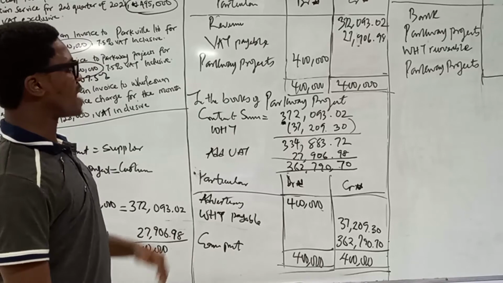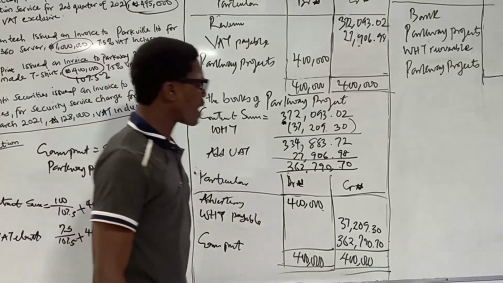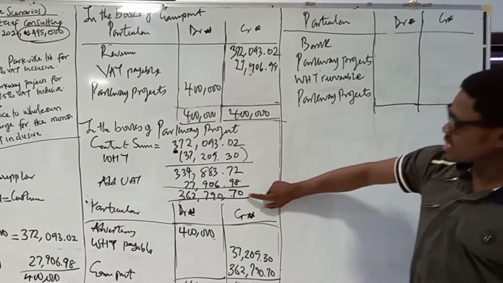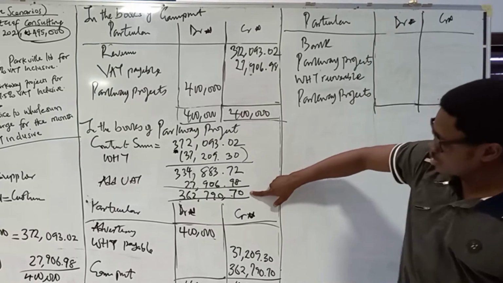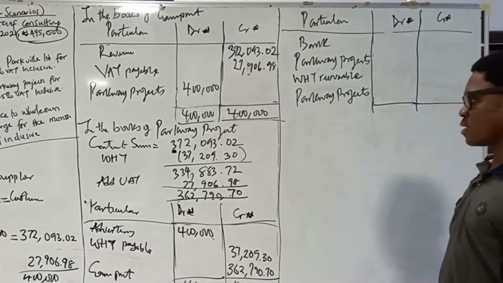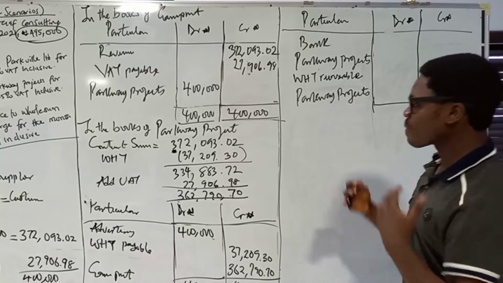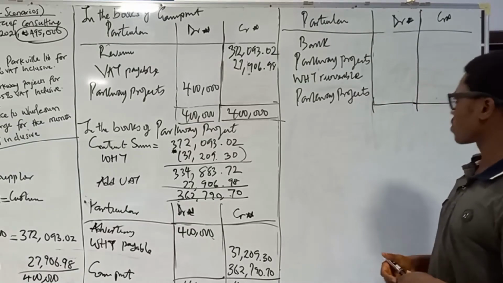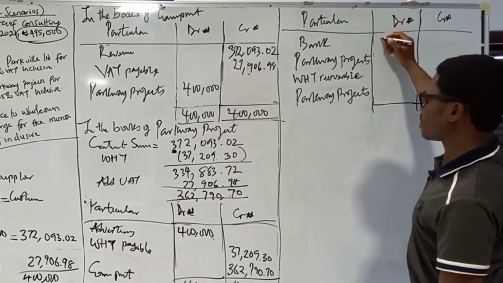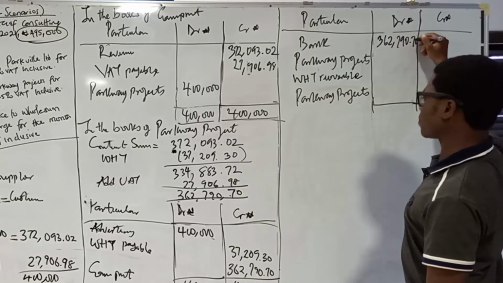Let's now go to the accounting treatment when Pathway Project eventually pays Graceman. When Pathway eventually pays Graceman, based on the condition of Pathway, this is the amount that is due to Graceman, and I said that this is the amount Graceman is expecting from Pathway. Based on the assumption that Pathway is paying at once, the bank of Graceman will be debited with 362,790 naira 70 kobo.